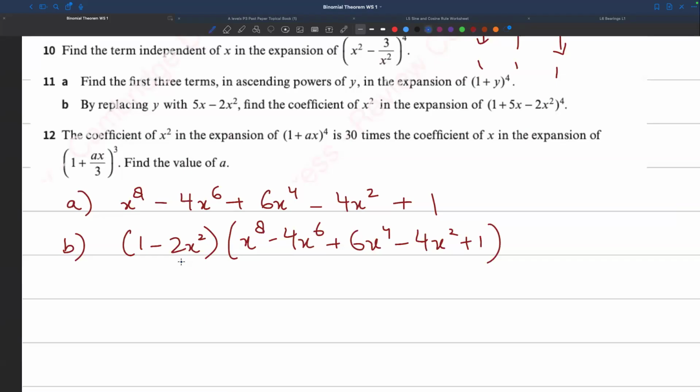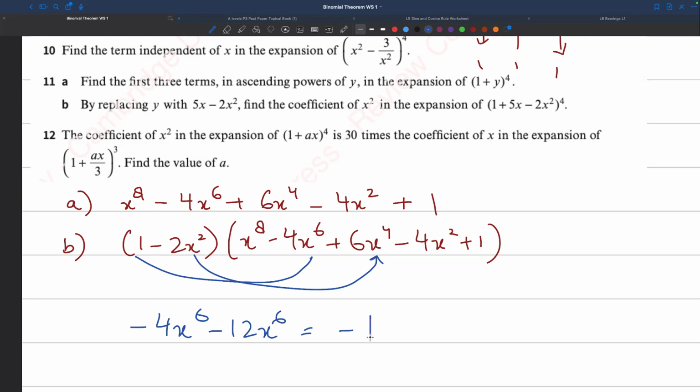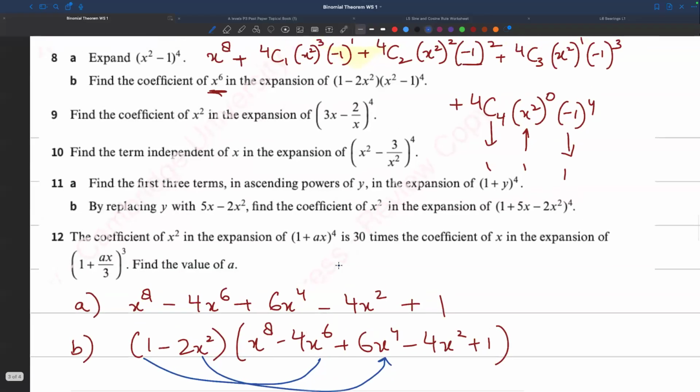So 1 multiplied by this and this multiplied by this, right? You will get minus 12 x power 6. I hope there's no mistake of addition, subtraction. Okay, so the answer will be minus 16 x power 6. Your answer will become minus 16. Yes, someone please check the answer quickly. Worksheet में. हाँ सही है. Okay.